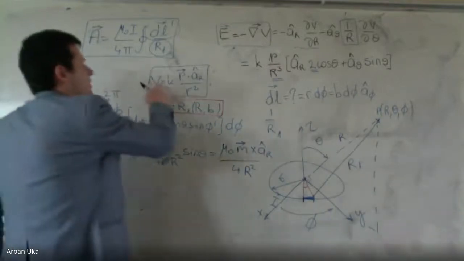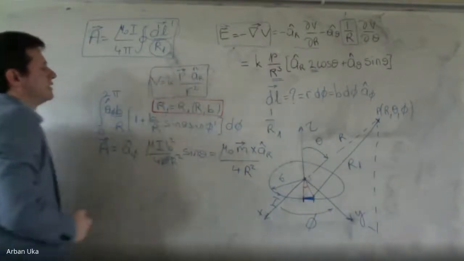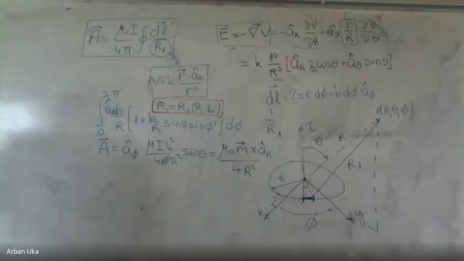Okay, so this is the magnetic potential. The same way that the scalar potential is the source for the electric field, here the source for the magnetic field is going to be this term.